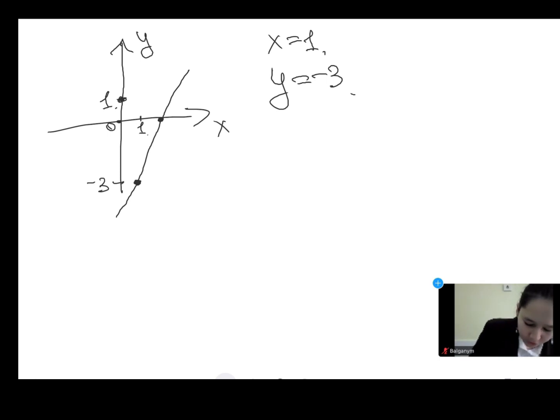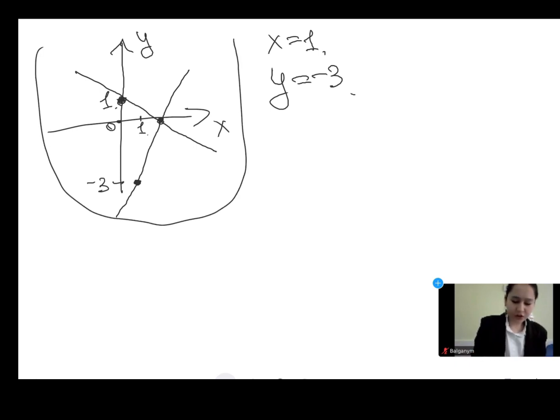Here we can draw the point and draw the line like this, and the intersection point. Here, intersection point. Now let's graph this. This is a graph of the functions, and it's called the intersection point.